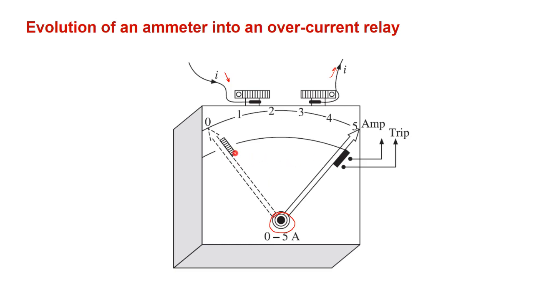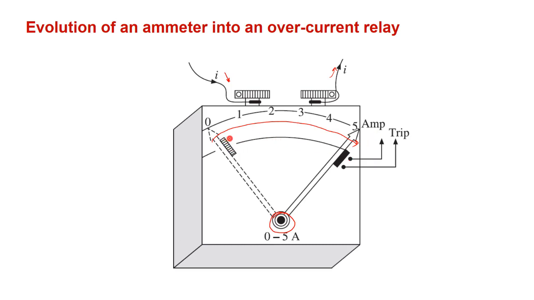If we put two trip contacts, then whenever there is overcurrent because of a fault or some disturbance, the needle will move and touch these two trip contacts, and it will give the trip signal to the circuit breaker. So this ammeter also can be used with some arrangement as an overcurrent relay.